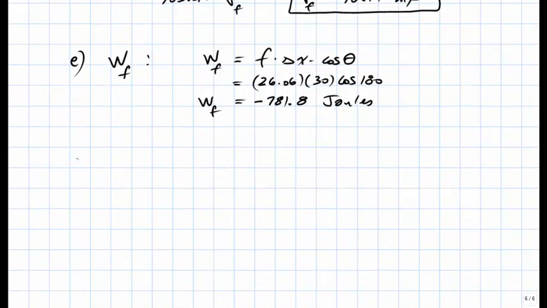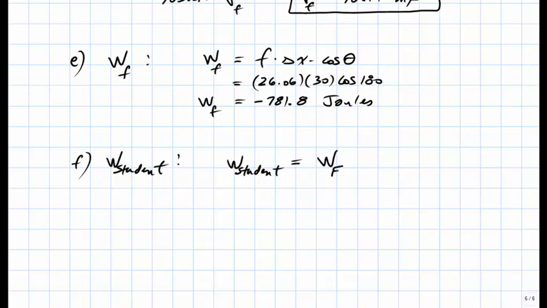In part F, we would like to determine the work done by the student. Well, the work done by the student is the same as the work done by the force that the student applies, which we labeled as capital F. And the work done by the student would just equal force times displacement times the cosine of the angle between the two, and we already did this as a subcalculation.